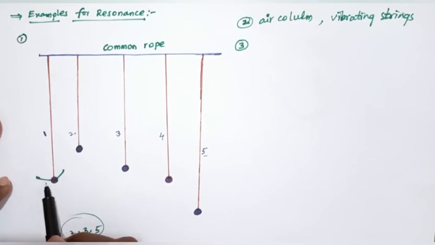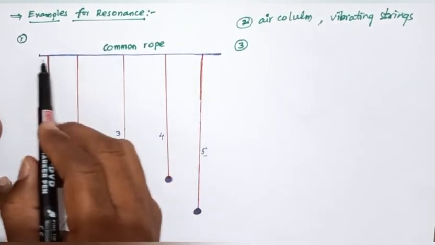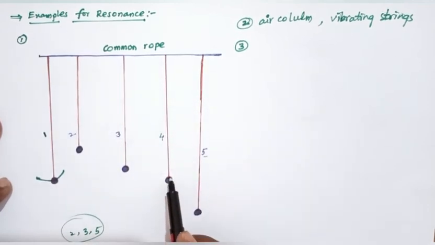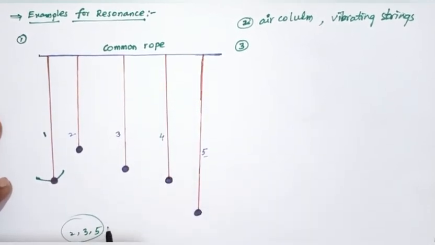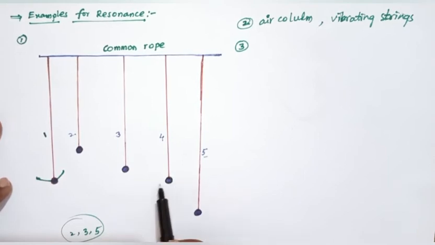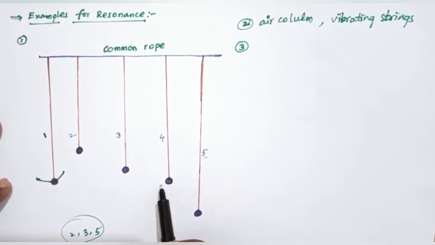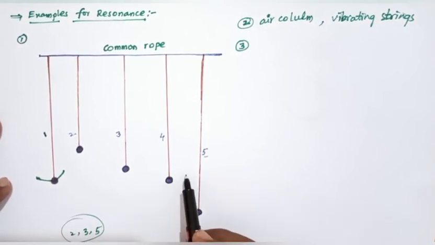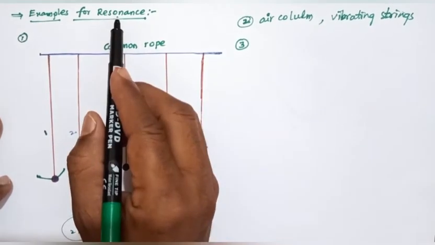The energy is transferred to the fourth simple pendulum also, so it oscillates continuously with increasing displacement due to resonance.